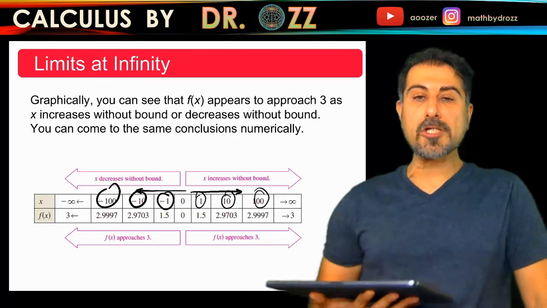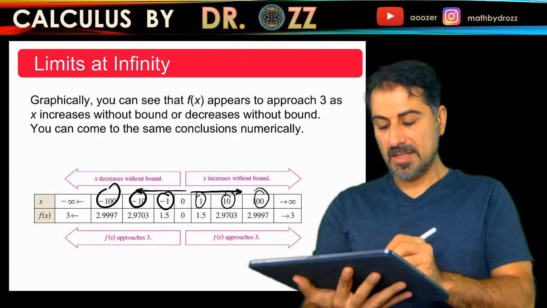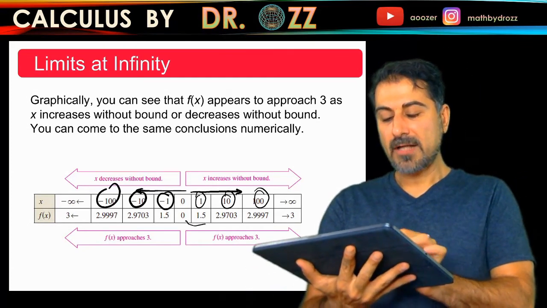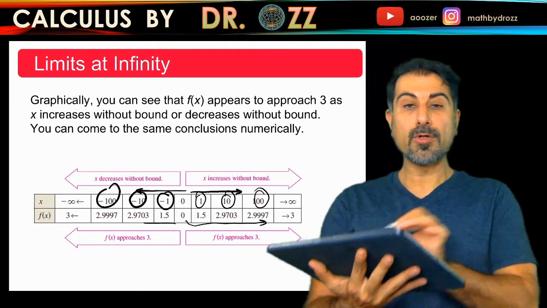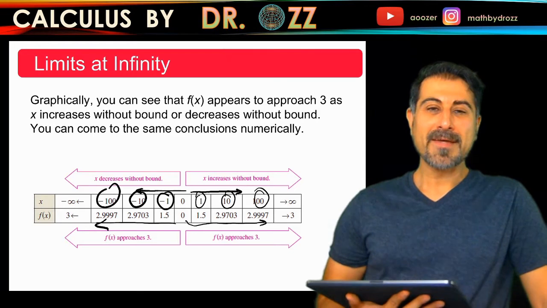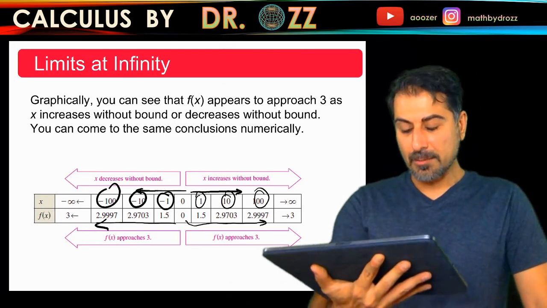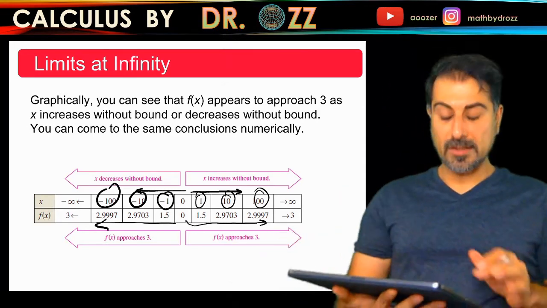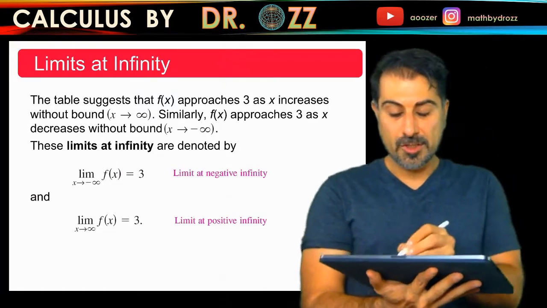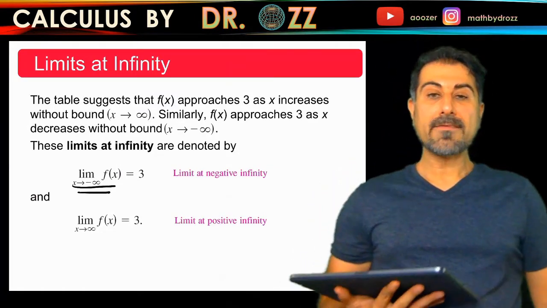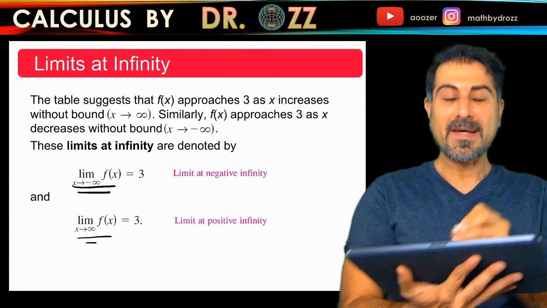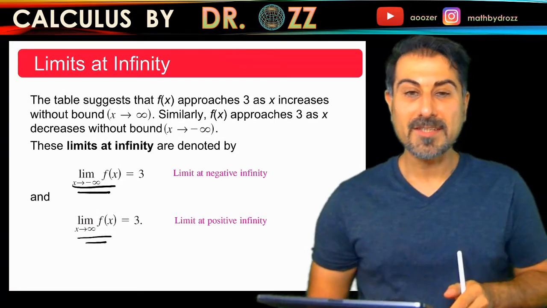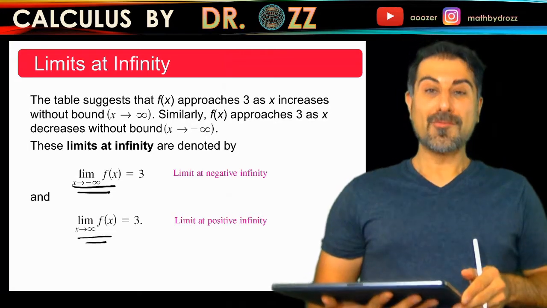Looking at the function values, you see they get extremely close to 3 in both directions. So this table of sample values tells us that the limit of f as x approaches negative infinity is 3, and the limit of f as x approaches infinity is exactly equal to 3.